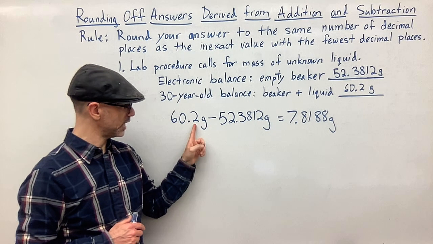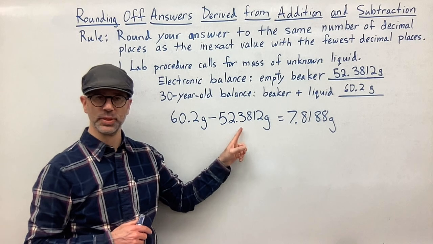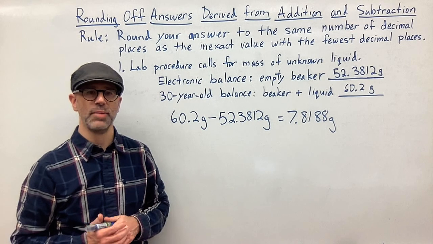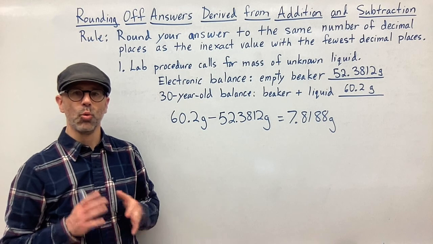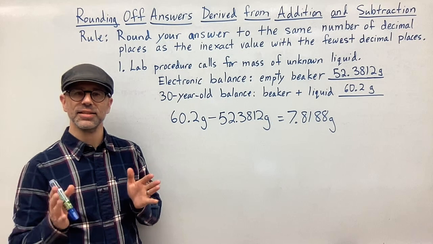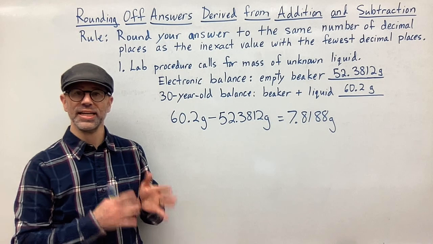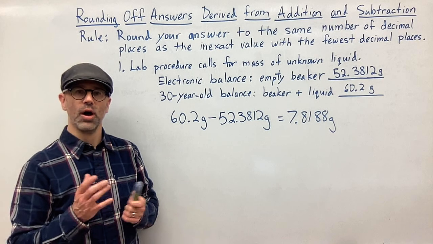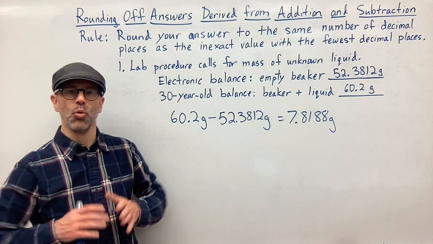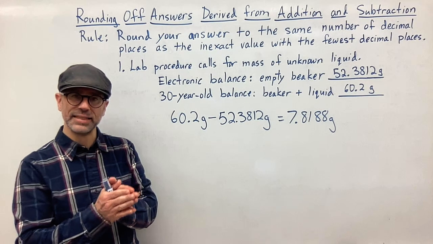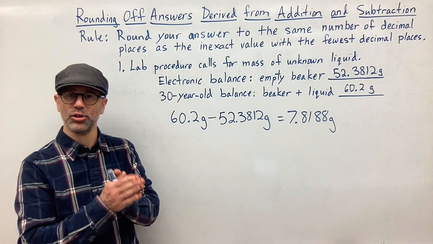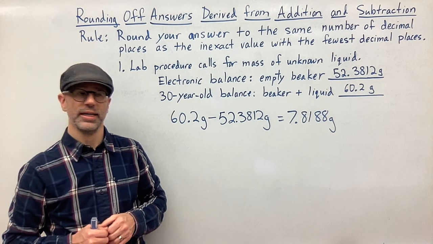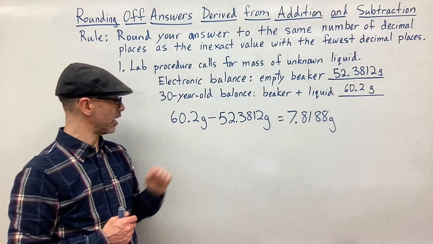So this has 1 decimal place, this has 4 decimal places, and so on. But the better way to think about it is: which inexact value has the least precision? Or another way to think about it is: what's the last place that's held by a significant figure in your value?